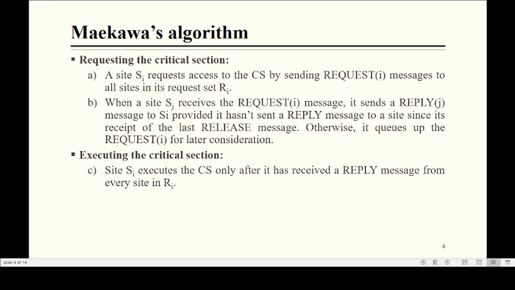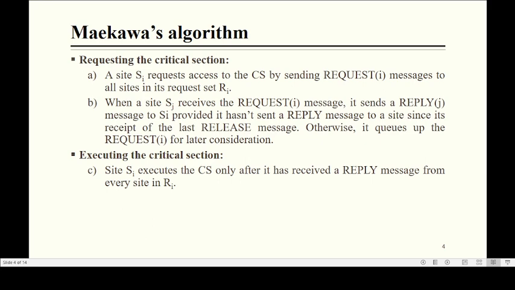When a site Sj receives the request message, it sends a reply message to Si provided it hasn't sent a reply message to a site since its receipt of the last release message. Otherwise, it queues up the request for later consideration.